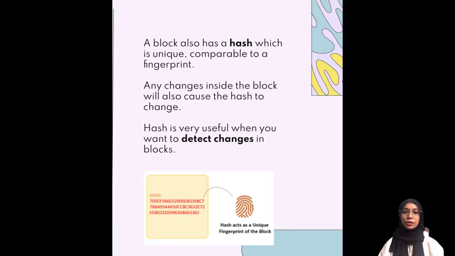Each block also has its own hash, which is unique, kind of like fingerprints. Any changes that occur inside the block will cause the hash to also change. What is the use of hash? Hash is very useful to detect any changes in blocks.